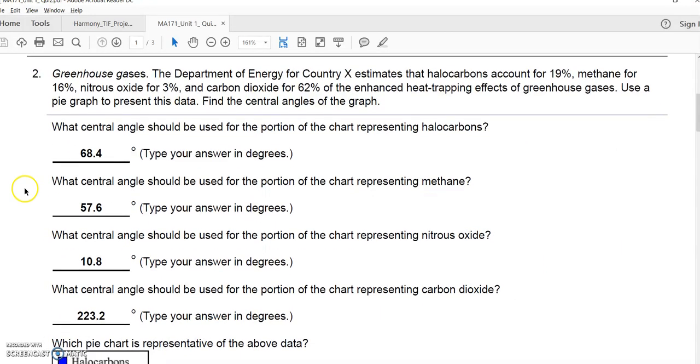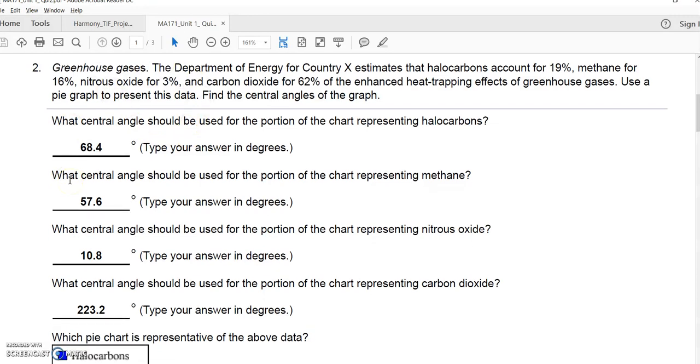In number 2, we're given a number of categories around greenhouse gases and the percentages associated with each type. The question is, when you put all this data in a pie graph, what is the angle that represents each part of the pie?